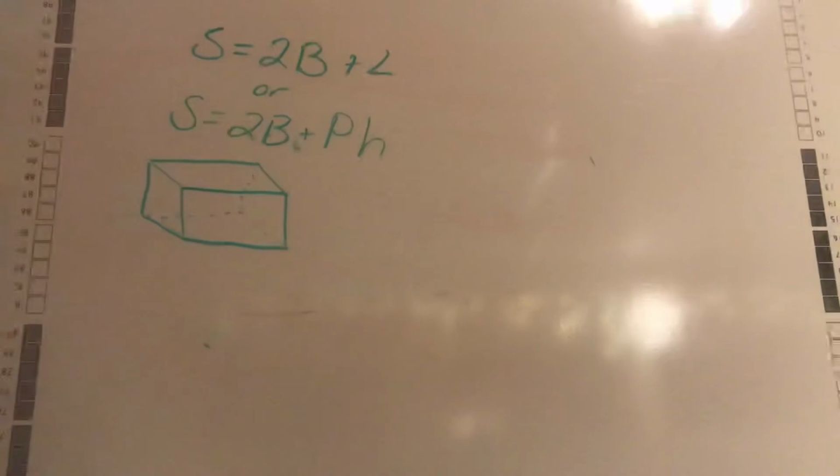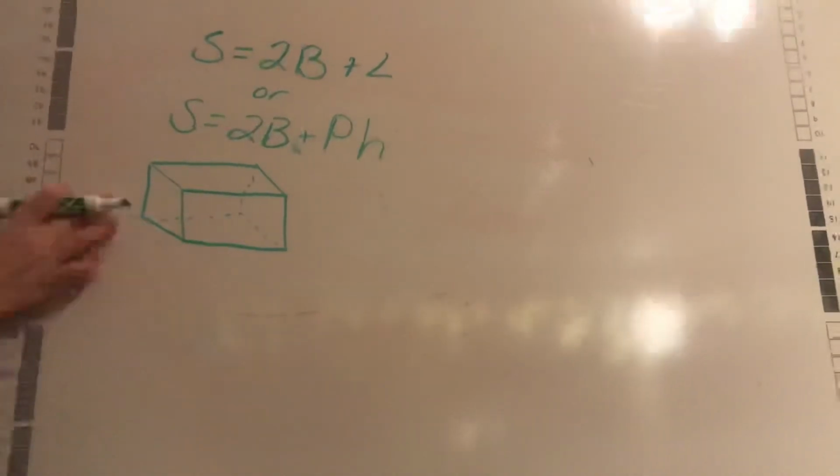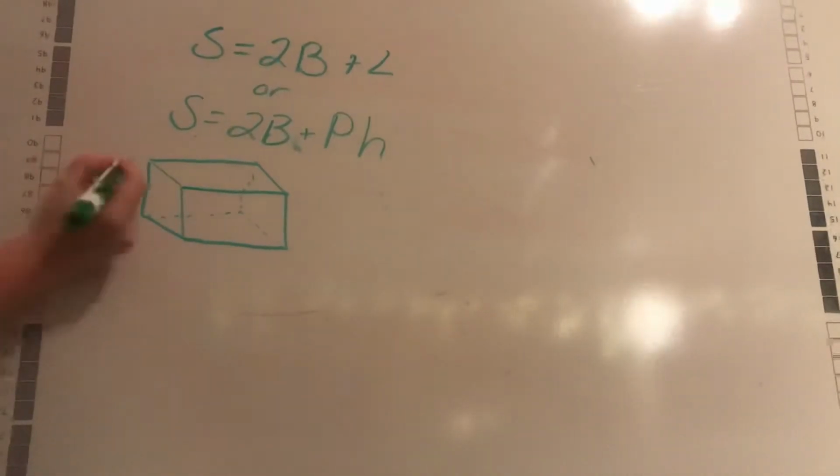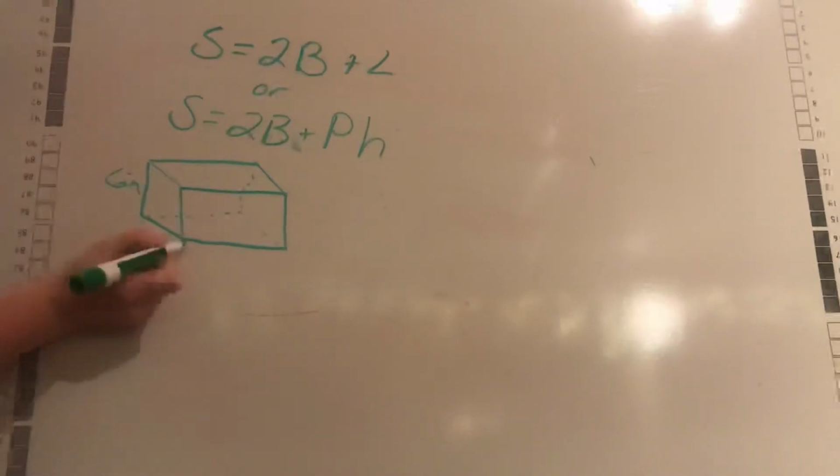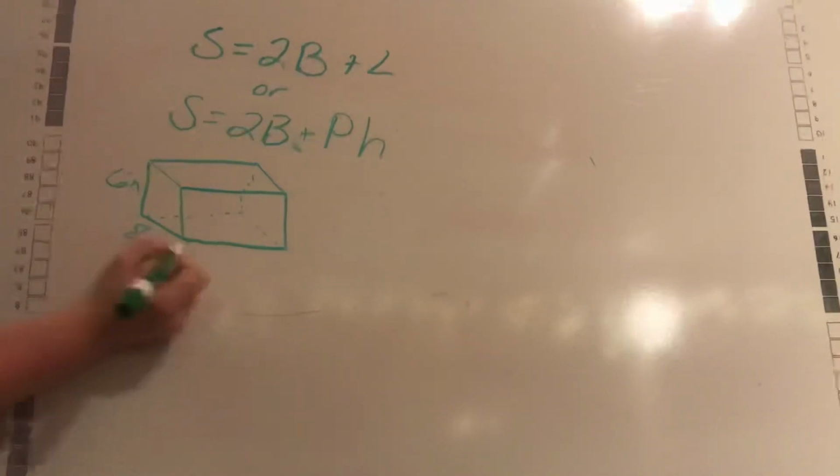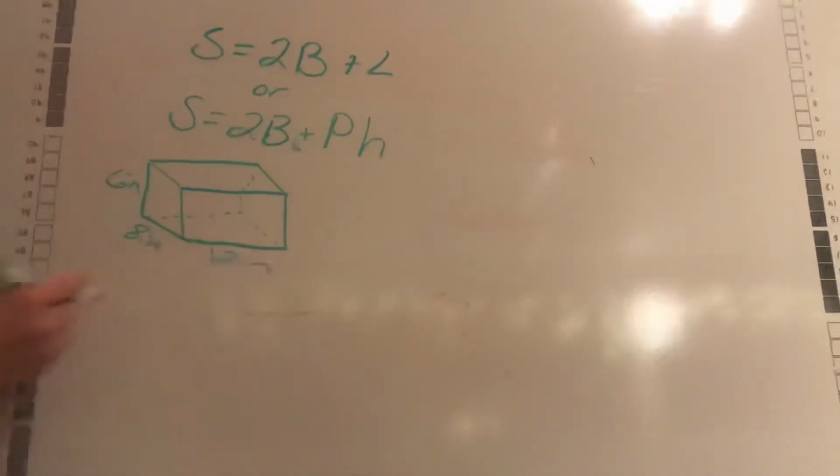Okay, so we have this rectangular thing. And over here we have 6 inches. This is 8 inches. Clearly I did not draw this proportionately, and that's 12.